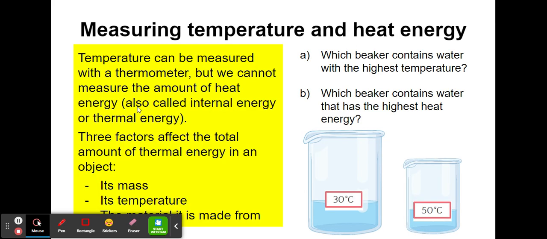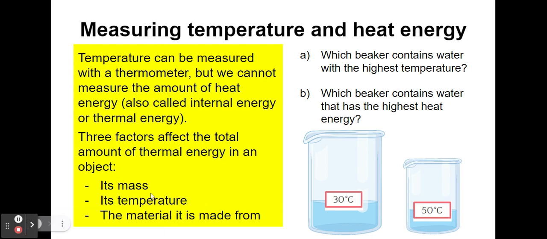Temperature and heat energy are ever so slightly different, but they are linked. We can measure temperature, like we said, with a thermometer. But heat energy, which you'll also sometimes see referred to as internal energy or thermal energy, we can't measure. It does depend on three important factors: the mass of the object we're talking about, the temperature of the object, and the material that object is made from.